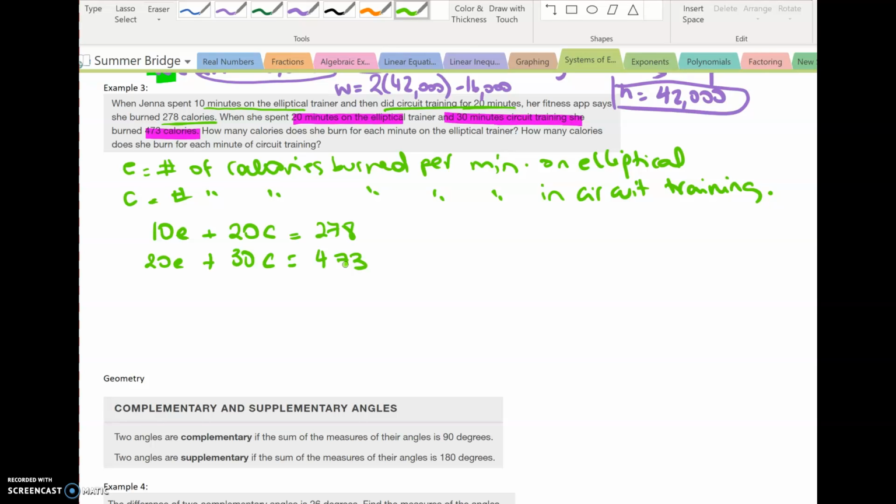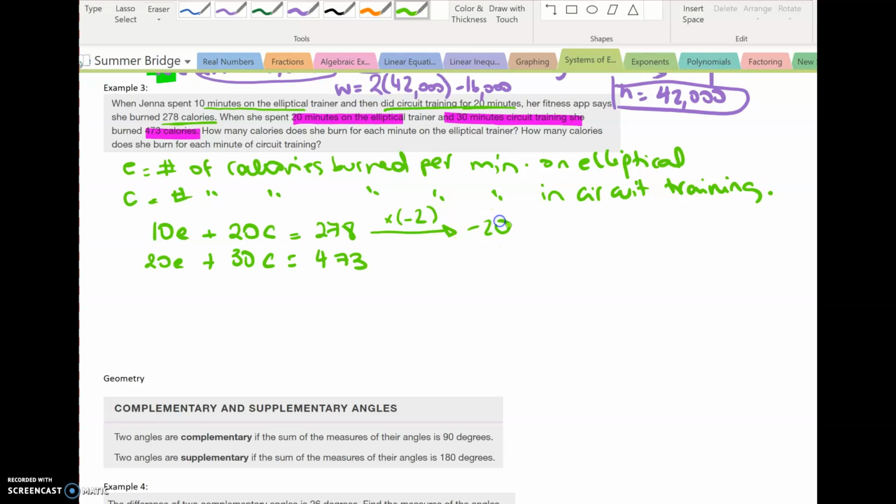Okay. Now notice none of these variables are solved for either E or C, which means I think the easiest way for me to do this problem is by using elimination. And I notice that if I double this first term and make it negative, then the E terms would cancel. So I'm going to multiply by -2.